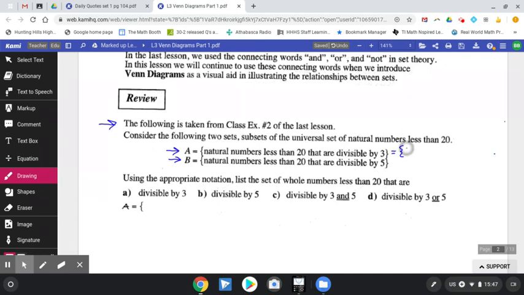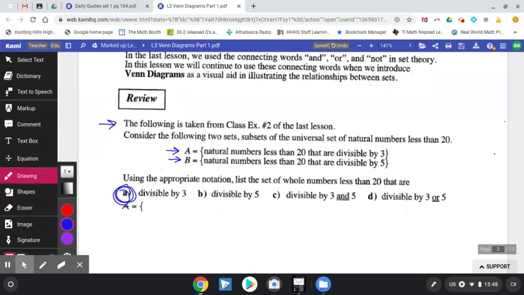So that would be 3, 6. Oh, you know what? I'm just looking ahead here and they are going to ask us to do that. So even if they didn't ask us, I would always start with that list. So I guess we don't need to do this twice. Let me erase.